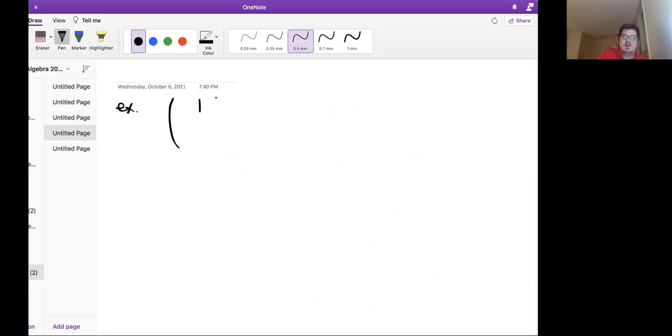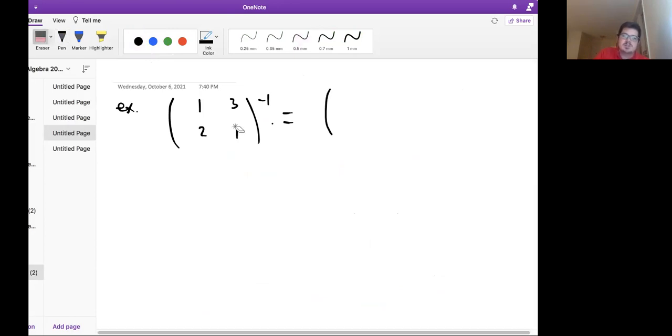Let's do 1, 3, 2, 1 inverse. Okay, let's make something more interesting, let's say 4. The formula says that we flip the diagonal elements, so it's going to be 4, 1, and we negate the other ones, so -3, -2.